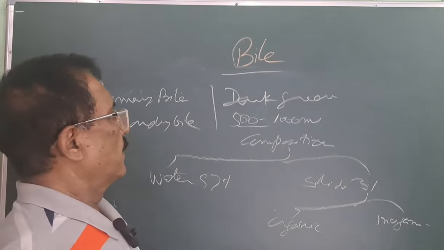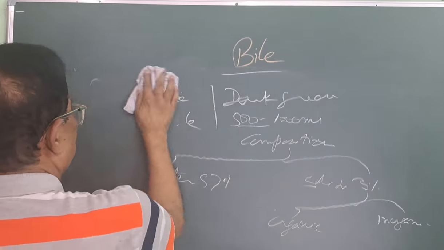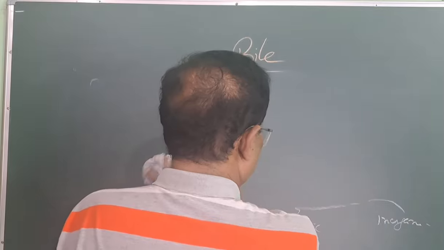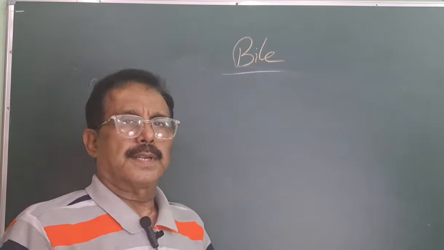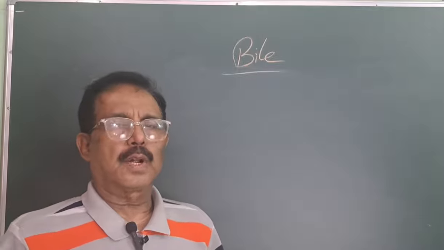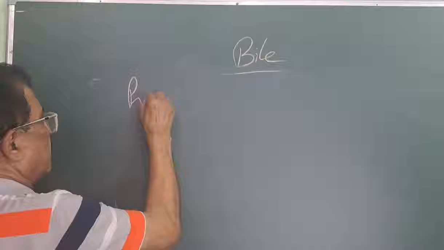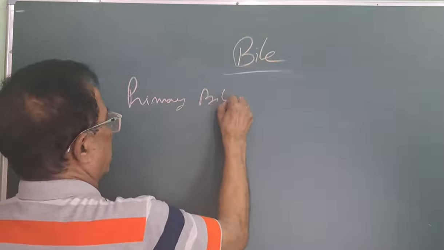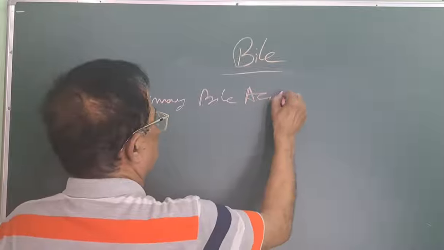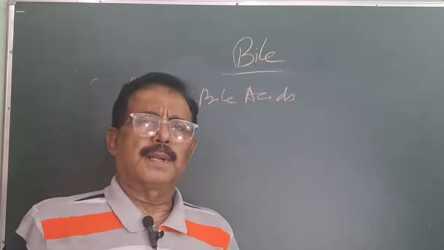Now coming to types of bile acids. Bile acids are steroid acids formed from cholesterol. These are of two types: primary bile acids and secondary bile acids. Many types of bile acids are formed in the liver.